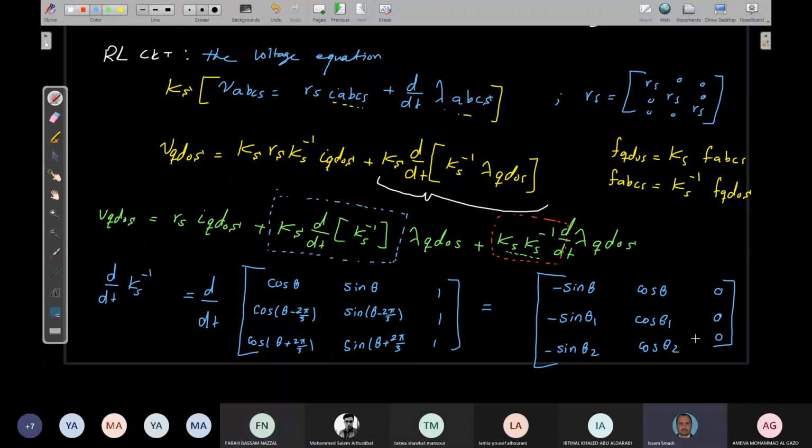Is that correct? Did I miss something, or is this one correct?